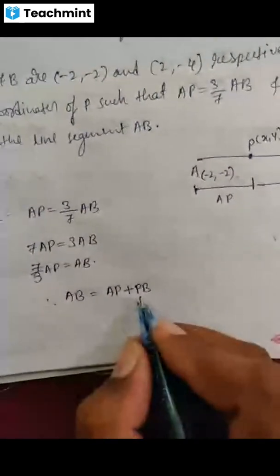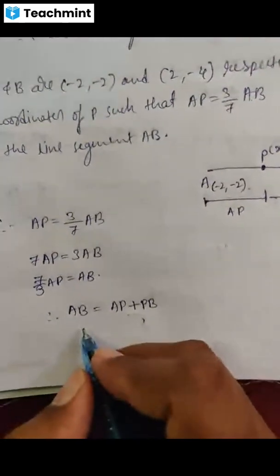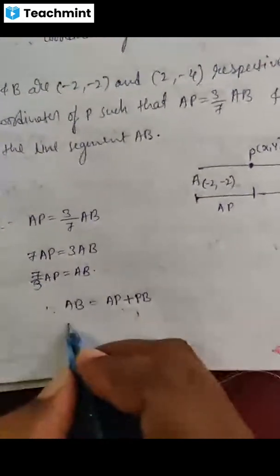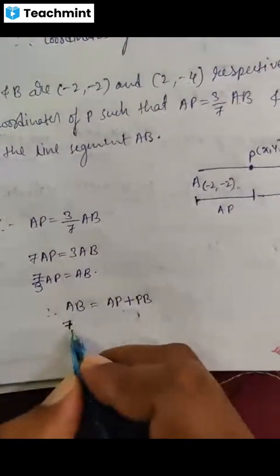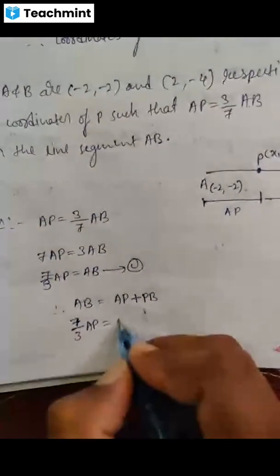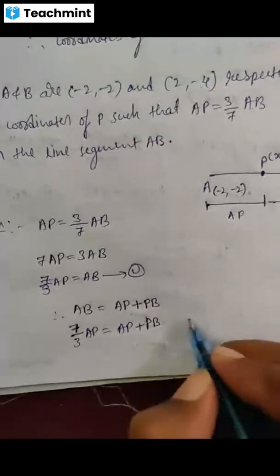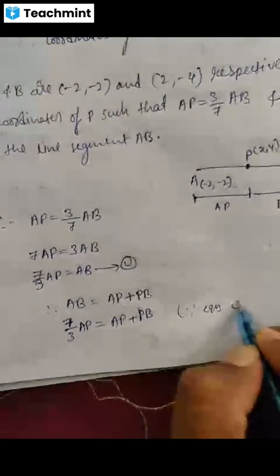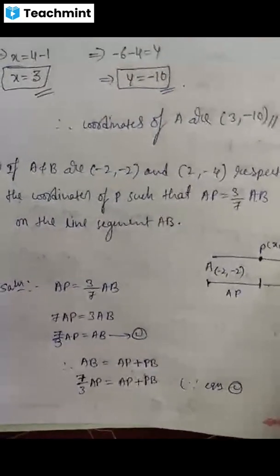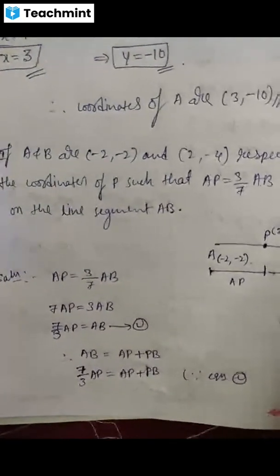Okay, AP plus PB. You can write AB as 7/3 AP is equal to AP plus PB. Okay, because of equation number 1, right? So I will write 7/3 AP is equal to AP plus PB as it is.